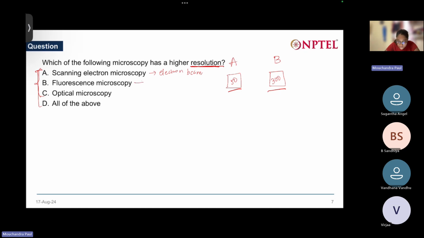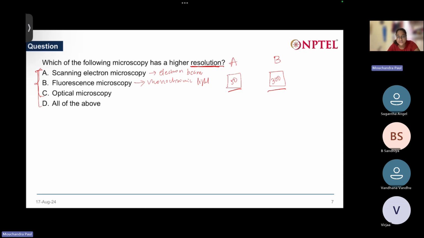In fluorescence microscopy, what we do is give a monochromatic light. What is monochromatic light? Light of a single wavelength. And that wavelength of light helps in illuminating some fluorophore. Fluorophores are those compounds that can fluoresce, that emit some fluorescent light.